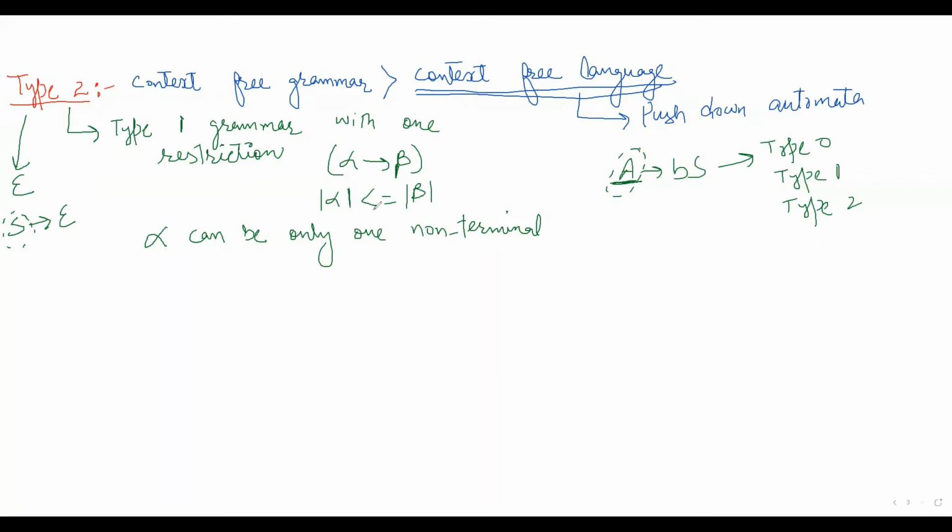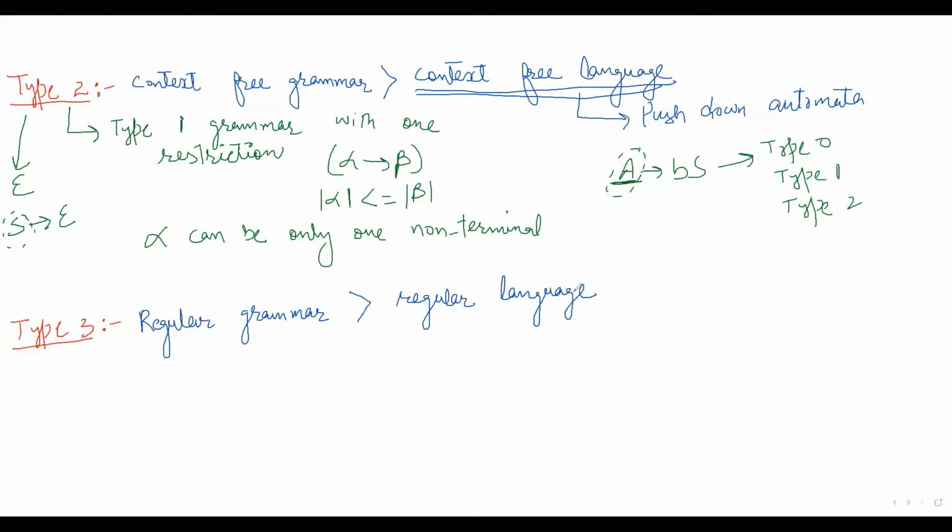Now remains the last one, and the last one is type 3 grammar. So let me now explain type 3. Type 3 grammar is also called regular grammar. The language generated by this particular grammar is called regular language.